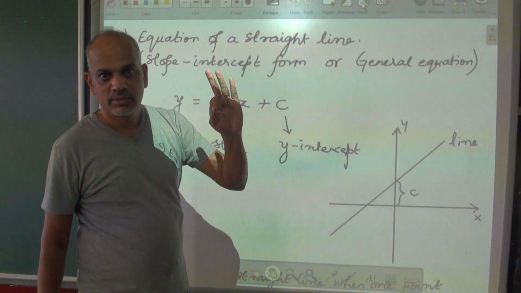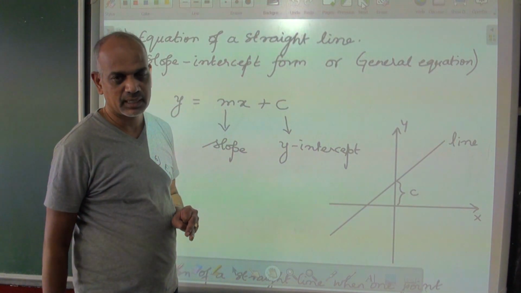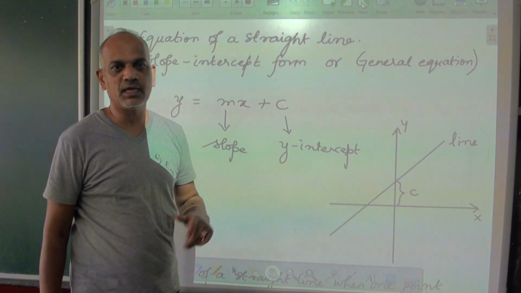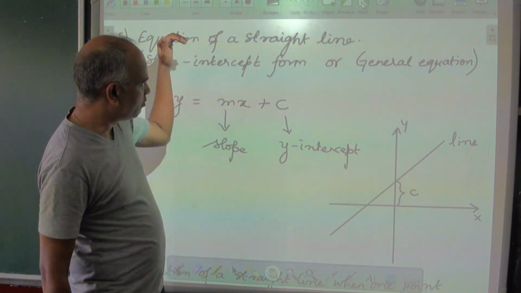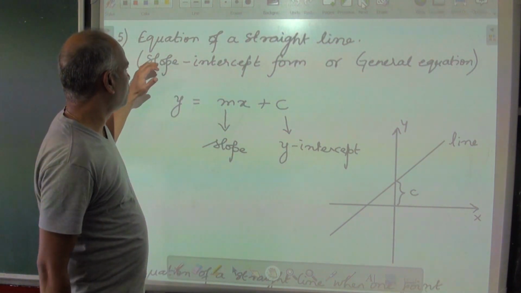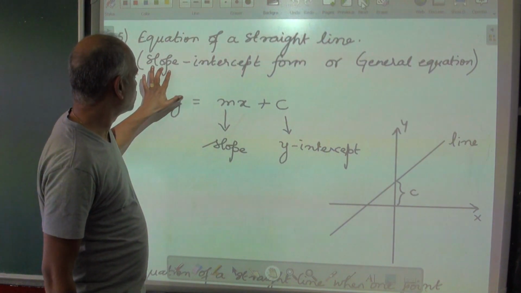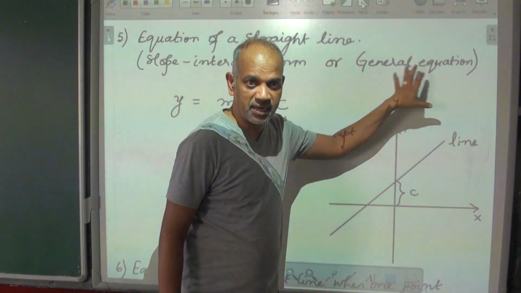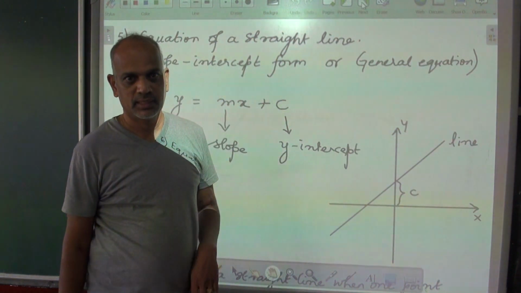There are three types of equations, okay, depending on what you know to find the equation of a straight line. For the first one, the first equation is called slope-intercept form, otherwise called the general equation of a straight line.